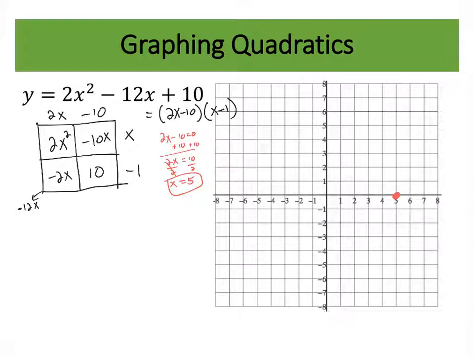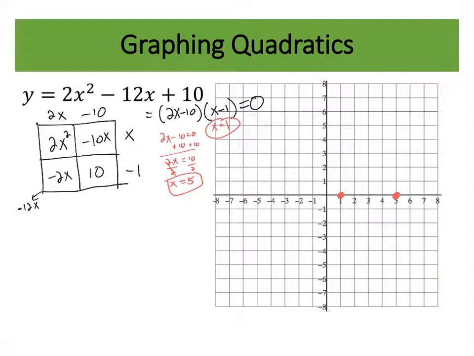X is 5, and then x has got to be 1, and that will be my other point, because if x is 1, then 1 minus 1 is 0. So we're using the zero product property, setting this equal to 0 to determine the roots. So I found the x-intercepts.